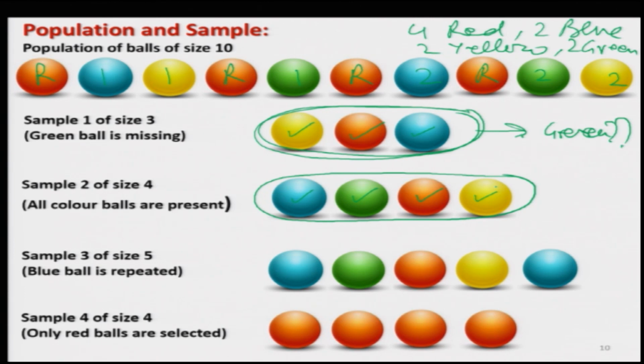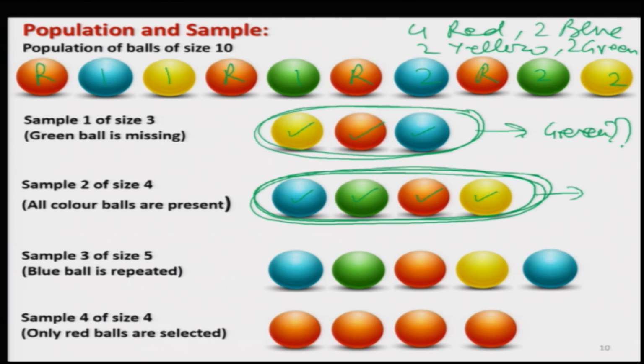But definitely you can also notice one thing, that the number of red balls is 4, whereas the number of balls of other colors is 2. So, this number is not being represented, because by looking at this sample you are getting a feeling as if all the balls of different colors are in the same number in the population.